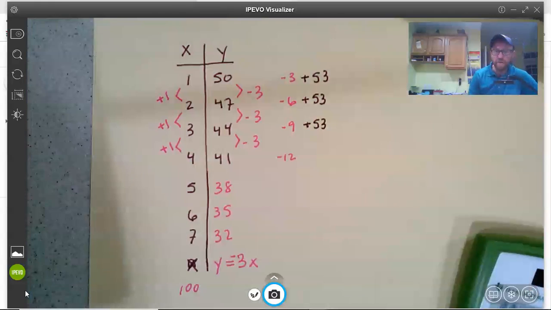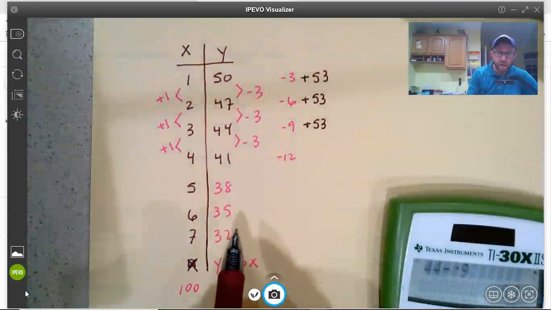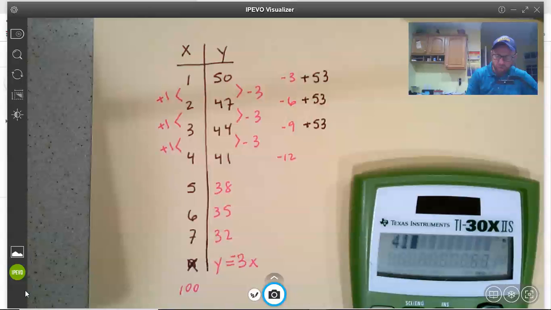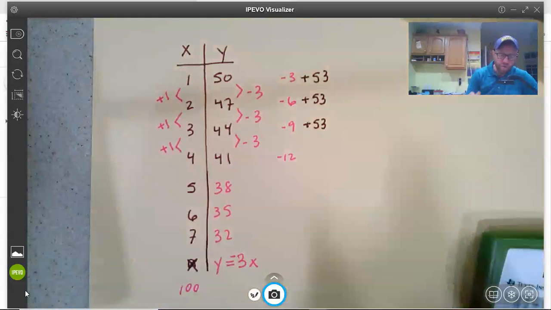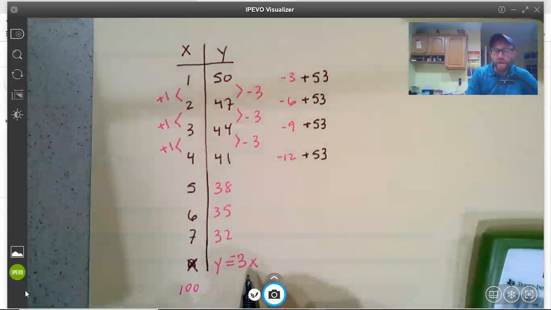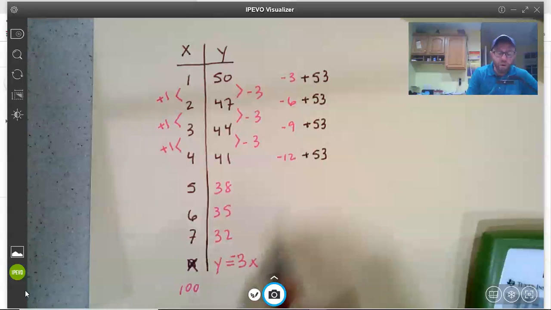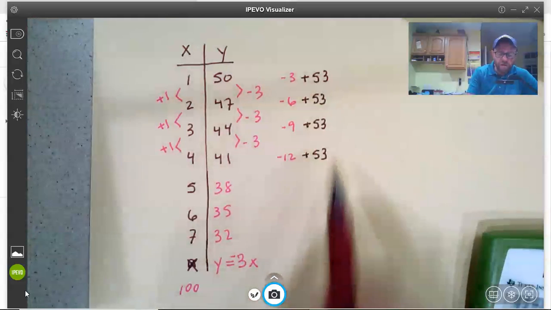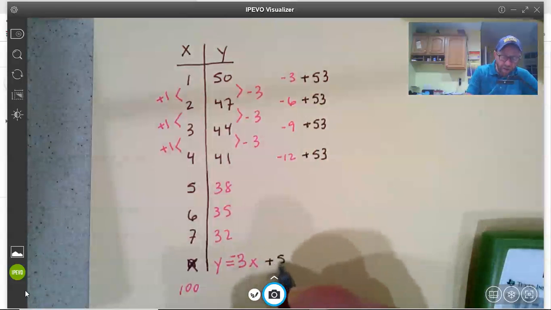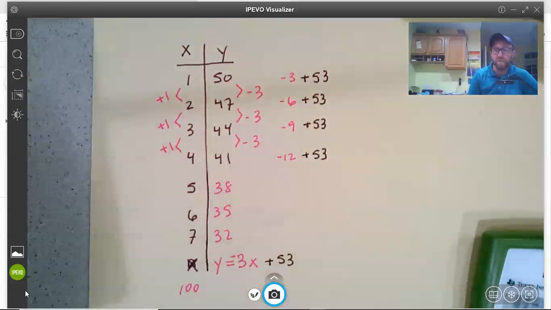I think we see a pattern shaping up. If I wanted 41 but I got -12, 41 minus -12 is 53. So in every case, my rule -3x gives me the wrong output, but it's consistently 53 units off. So to fix that, I'm just going to add 53.